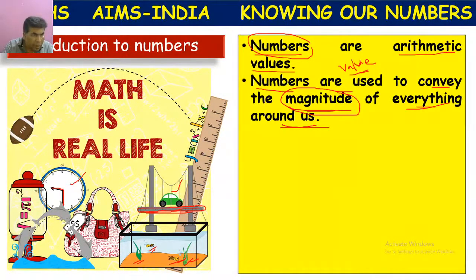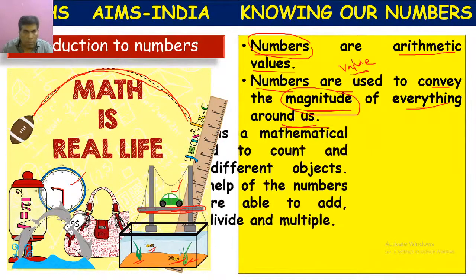Now here one ball is moving in this direction like a projectile. If you want to tell the length of this curved line, then we have to take the help of numbers. So what is the use of numbers? They will convey the magnitude of everything around us.